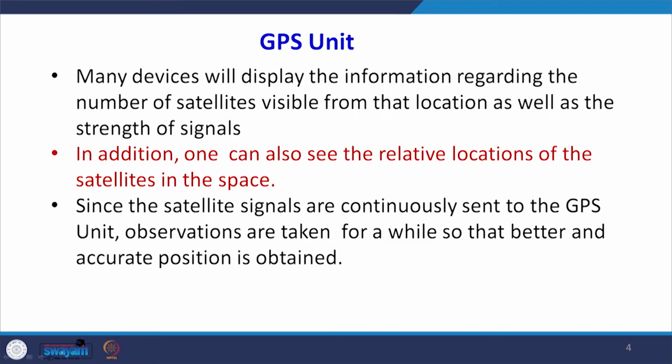Now, these GPS units will display the information not only about the coordinates at that point, but we will also like to see how many satellites have been tracked from that particular location, how many satellites are visible to me, and their location relative to each other.